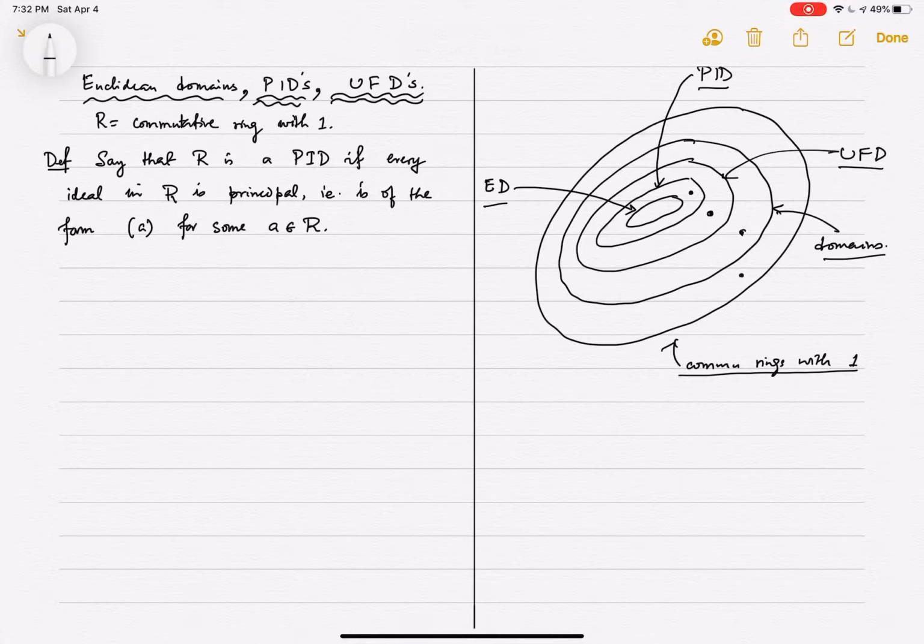Okay. So recall, we have talked about PIDs a little bit already. Let's say R is a domain.